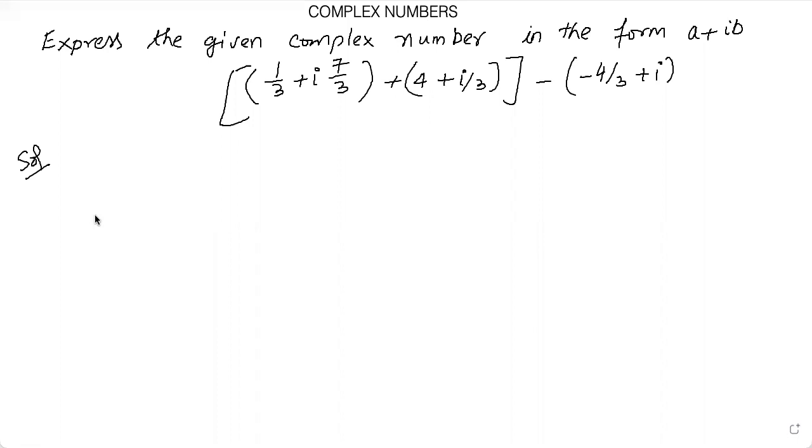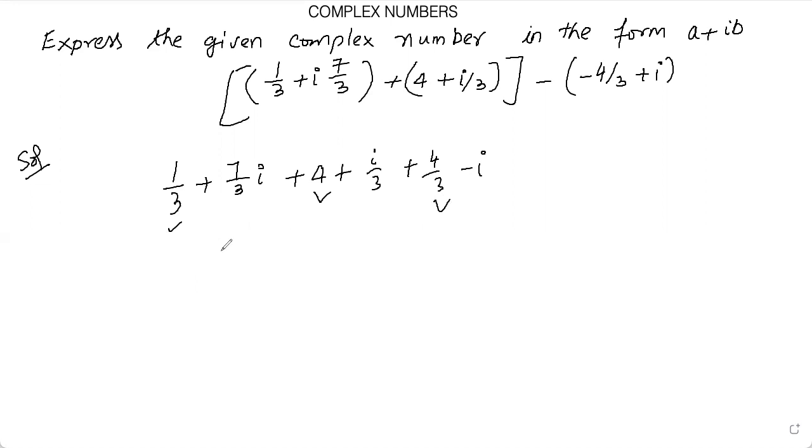So let us find the solution for this. I'll consider 1 by 3 plus 7 by 3i, plus 4 plus i by 3. I remove the brackets, and I'll take minus inside, so this will be plus 4 by 3 minus i. On further we'll take these fractions.